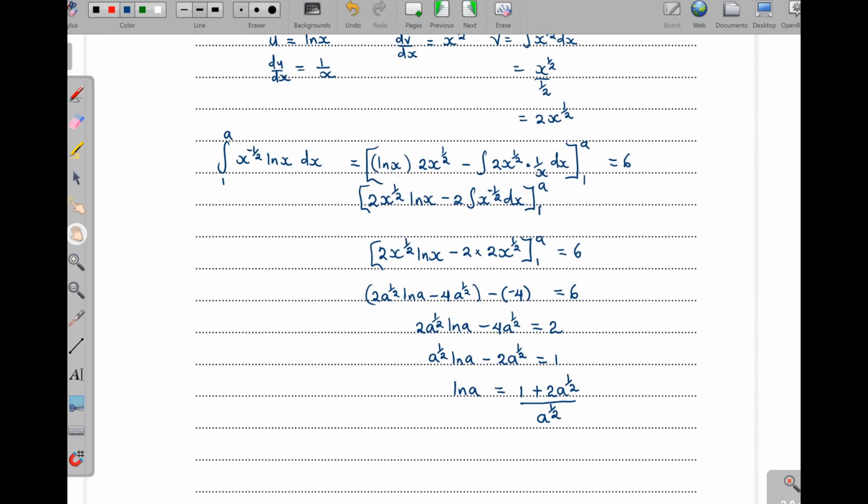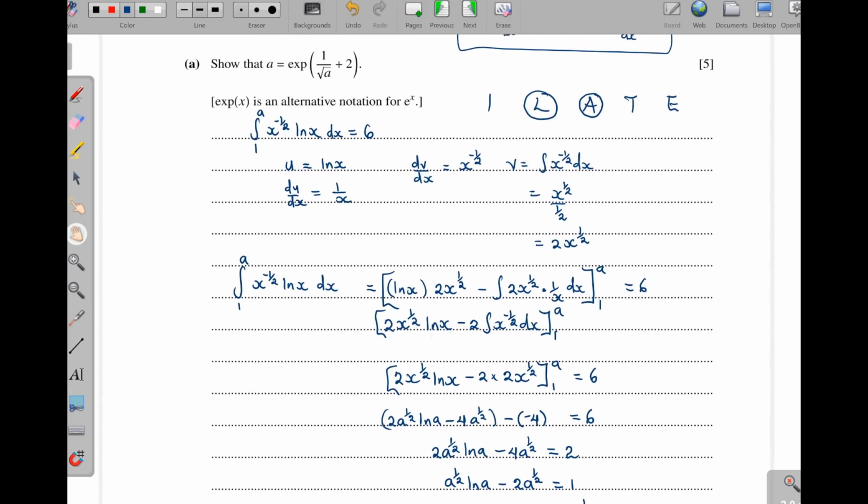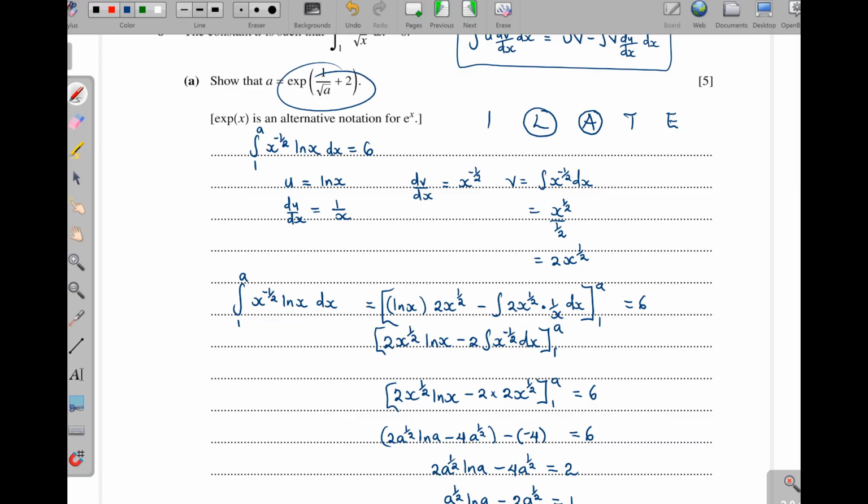And then, of course, our a here is going to be equal to e, then power everything here. So we shall have this one, then divide by this 1 over the square root of a, and then this one here divide by this, the a to the power of a half will disappear, then we get a 2. So we shall have this, then plus 2, like that. And that is exactly what they have told us to show.